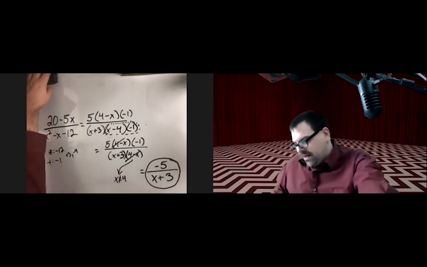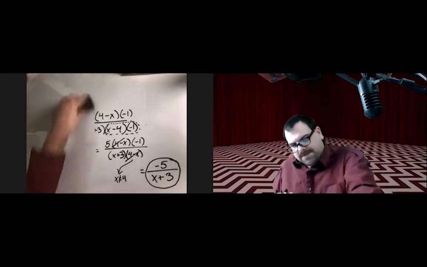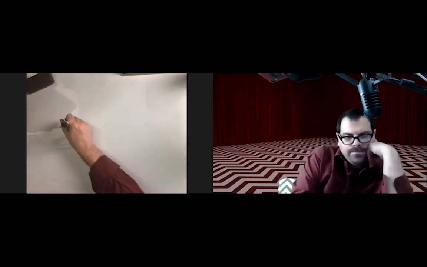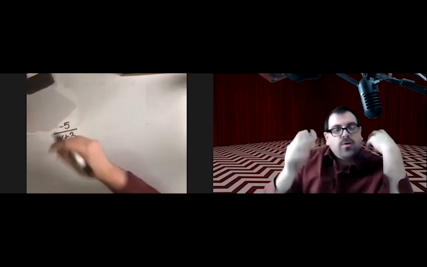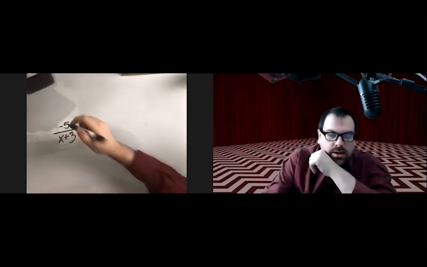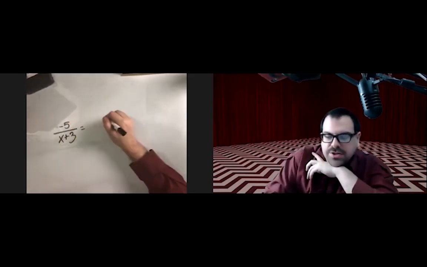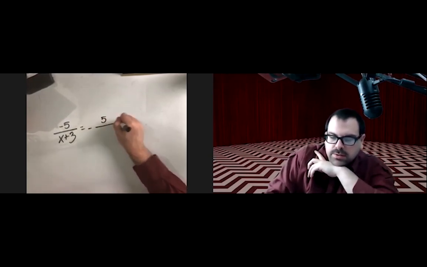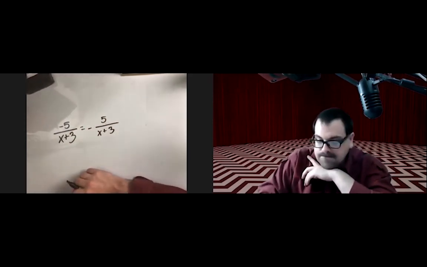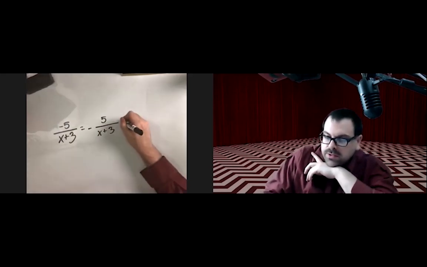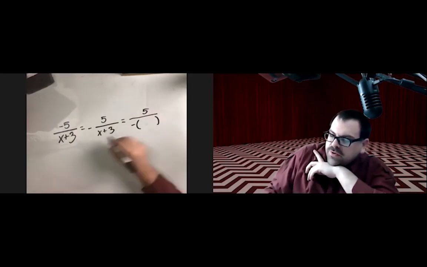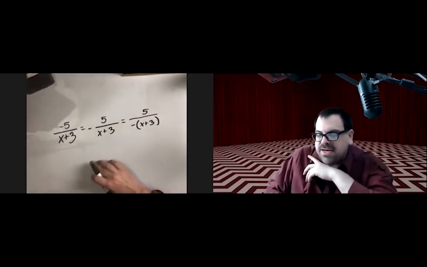Quick note about something like negative 5 over x plus 3. There are 3 different ways to write this. This negative on top can also be written on the outside. This would be the same as negative on the outside. Or the negative on the outside can also come to the bottom, but if you do that, it can't just be negative x plus 3.